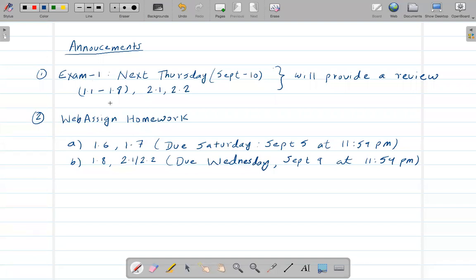And this exam will be over section 1.2 to 1.8, so basically all the sections from chapter 1 and also sections 2.1 and 2.2. And I'll also provide a review by Thursday or Friday.